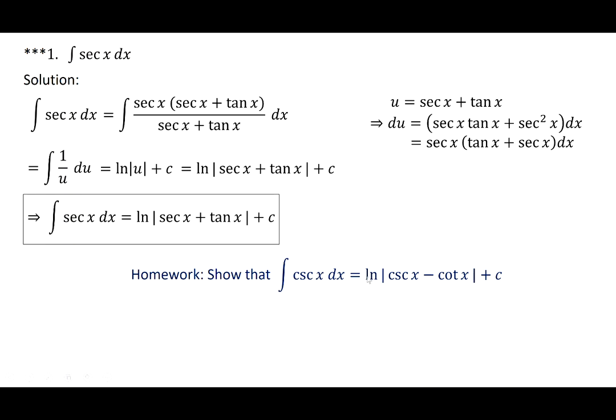What? Negative natural log of absolute value of cosecant x plus cotangent x. That's also an equally valid answer. Can you show that? Okay, just for the interested people. Cool. Let's move on.